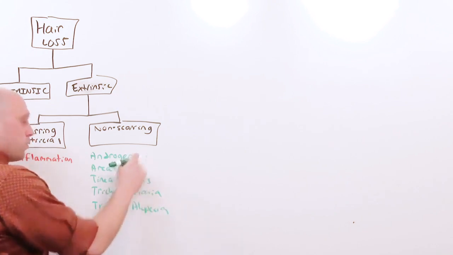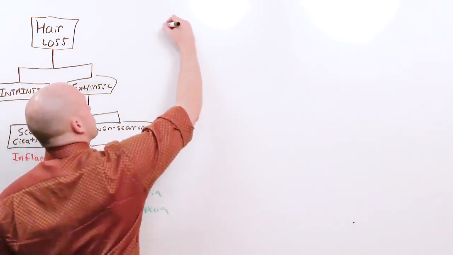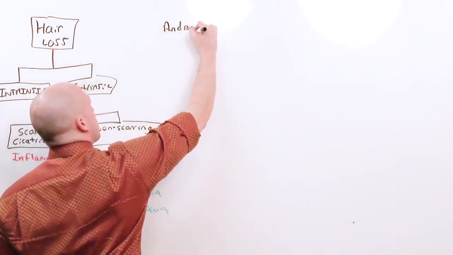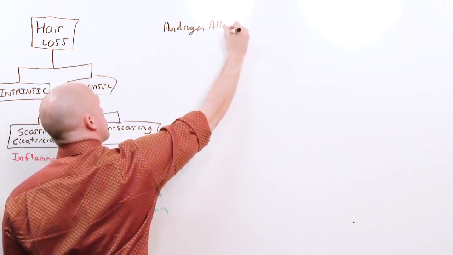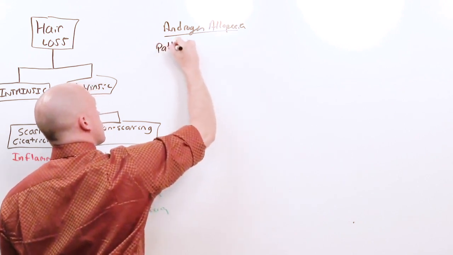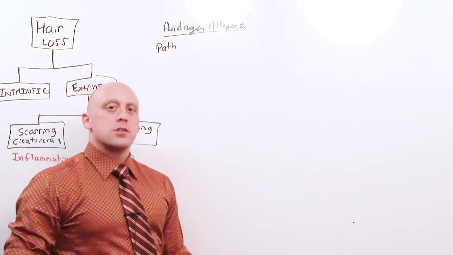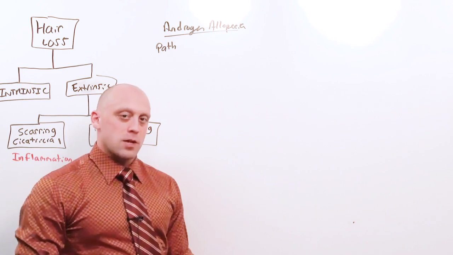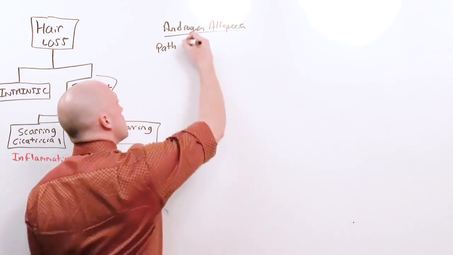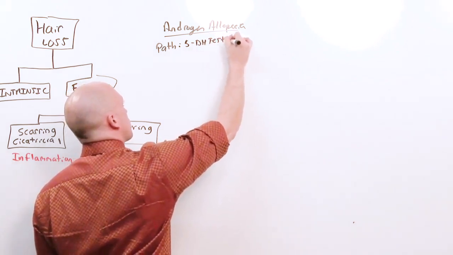All right, let's start off with male pattern baldness, androgen alopecia. Post-pubertal androgens are designed to turn off hair follicles. And the thing that's implicated the most is 5-dihydrotestosterone.